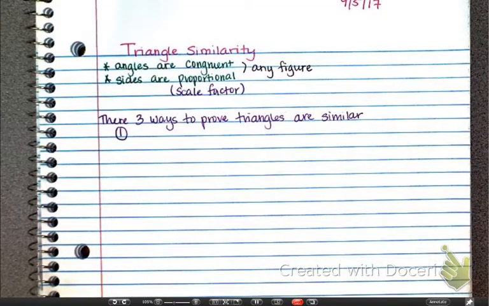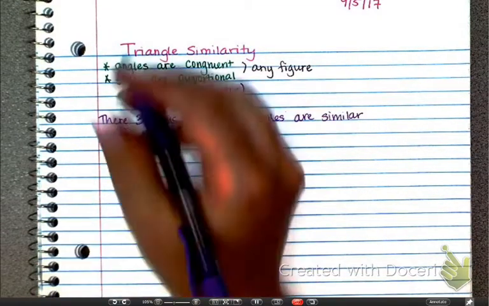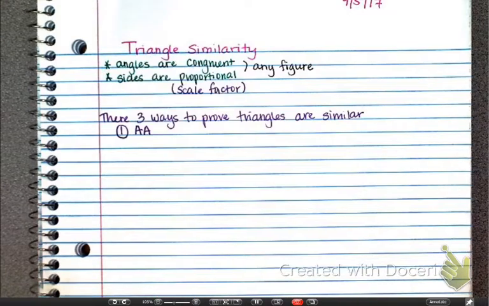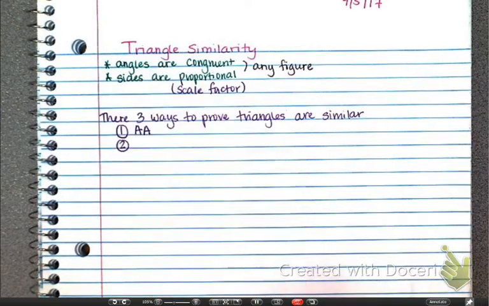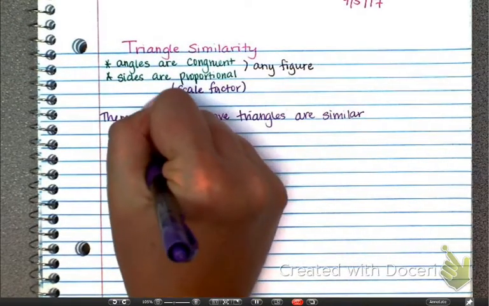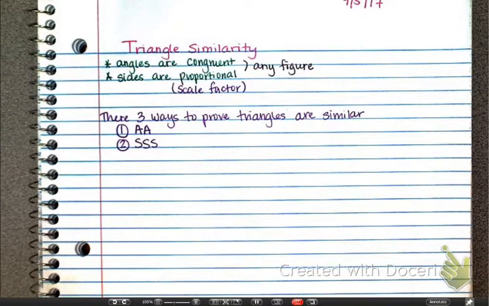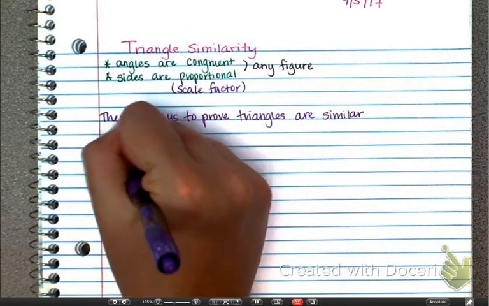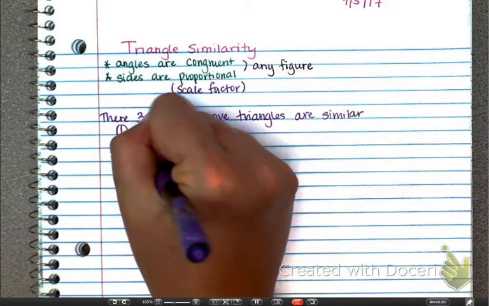The first way is angle-angle. The second way is side, side, side. And the third way is side, angle, side.